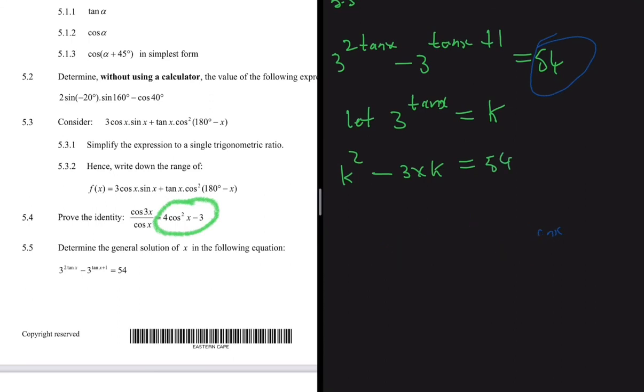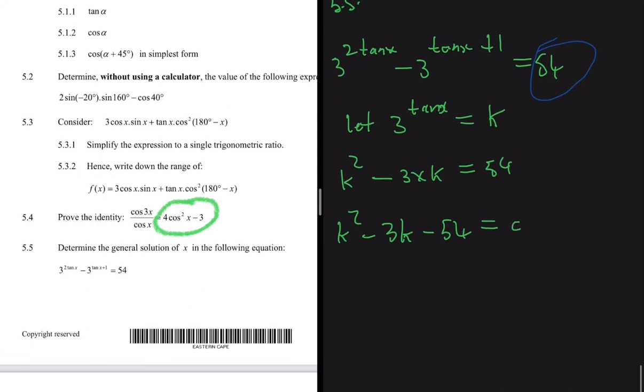Now we can take 54 to the left hand side. We get k squared minus 3k minus 54 equals 0. Now we can factorize this. The question I ask myself when factorizing is: which two numbers multiply to give minus 54 and add to give minus 3?